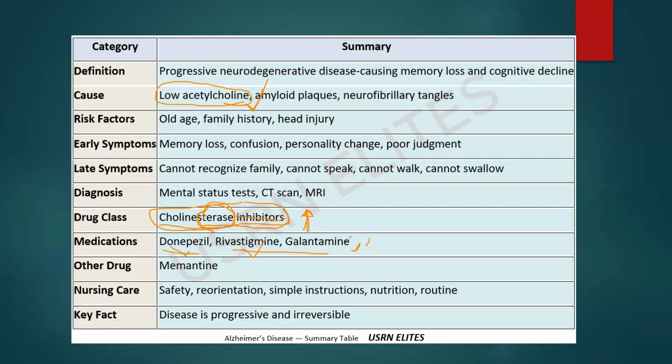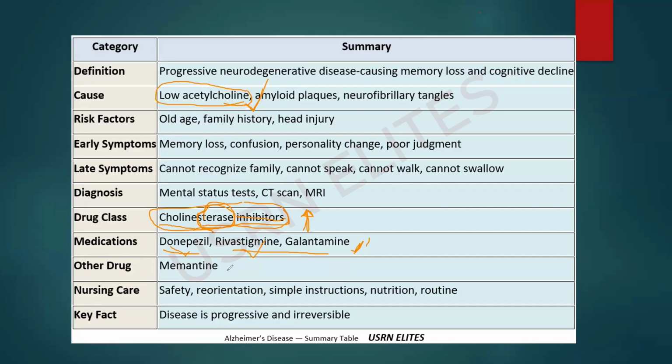I'm stressing the brain because when we get to myasthenia gravis, I will link it up so that you see the difference. So in the brain, it increases acetylcholine. That's how they've been modified to do. All right.